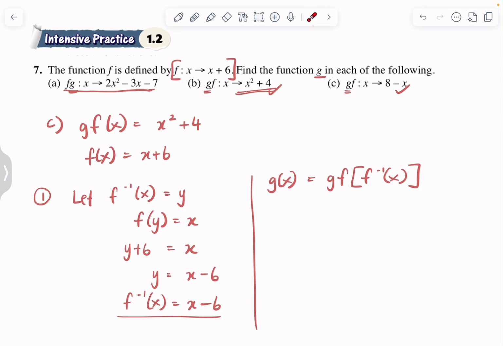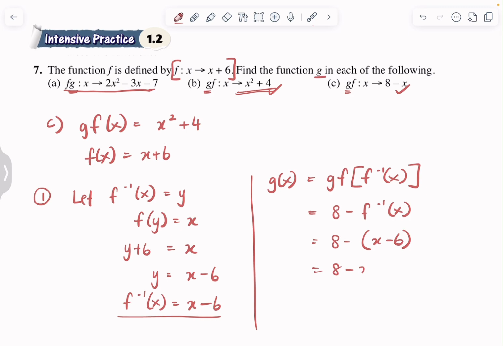So now g(f) is 8 minus x. So g(f(f inverse(x))) will be 8 minus f inverse(x). f inverse(x) is x minus 6.